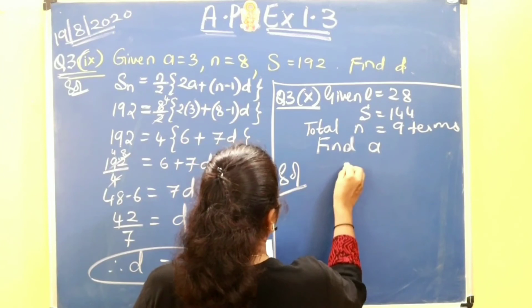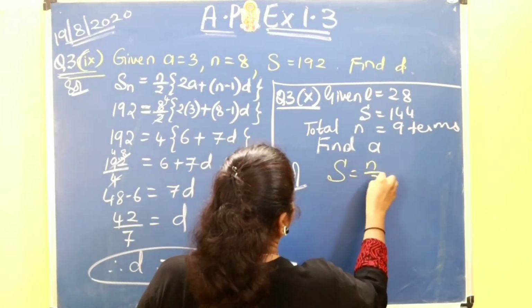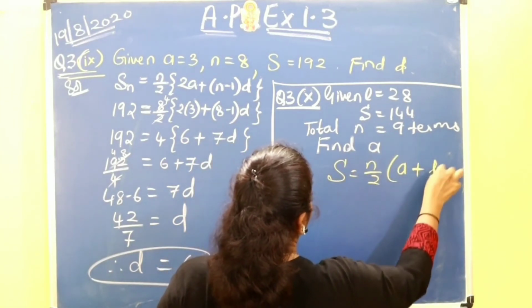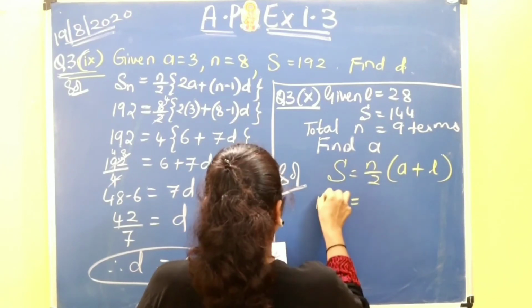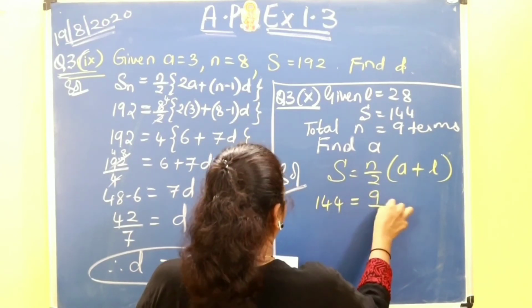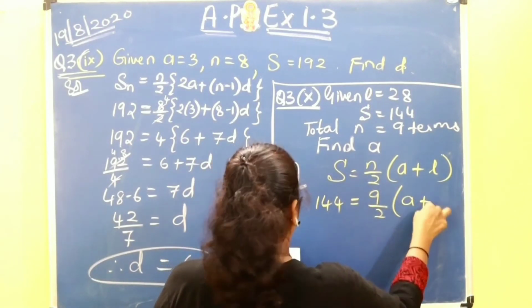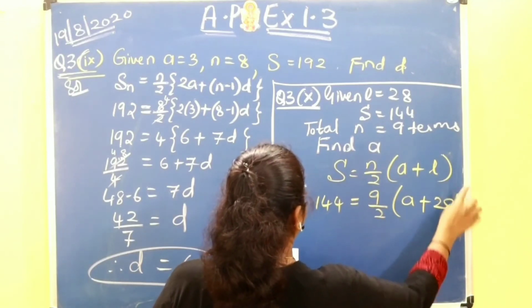So now Sn is equal to n by 2 into a plus l, because the last term is given. So you do 144 is equal to 9 by 2 into a plus 28.